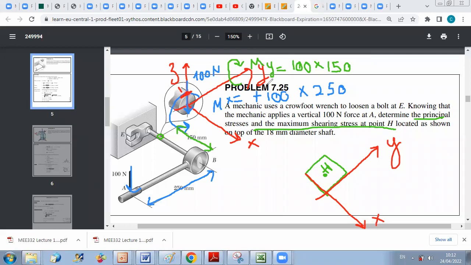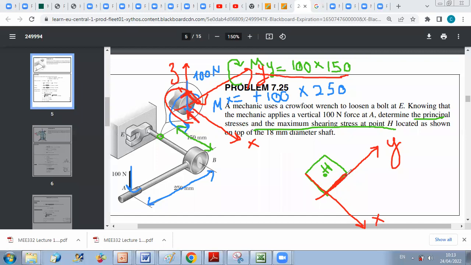Now, what is the effect of the bending moment My? We know that My is a bending moment, and a bending moment results in a stress distribution. To know if any points on this face are subjected to tension or compression, we can just say that if I consider a positive moment, so if you do with your hand a positive moment along y, it will tend to cause tension at the upper level and compression at the lower level.